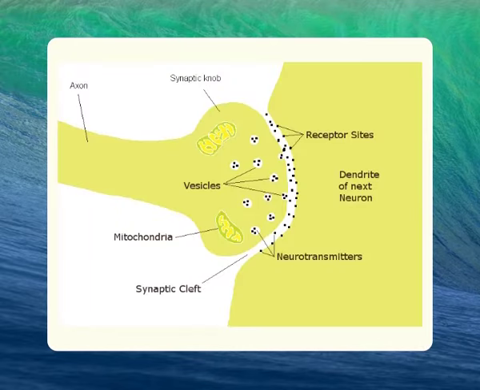At the end of the axon, the electrical signal is converted into a chemical signal, and the axon releases chemical messengers called neurotransmitters. The neurotransmitters are released into the space between the end of an axon and the tip of a dendrite from another neuron.